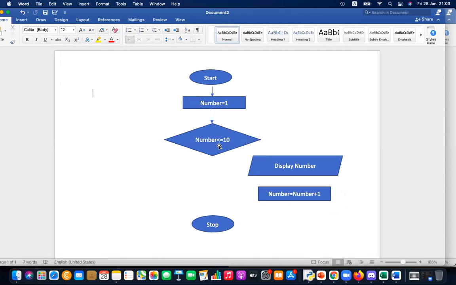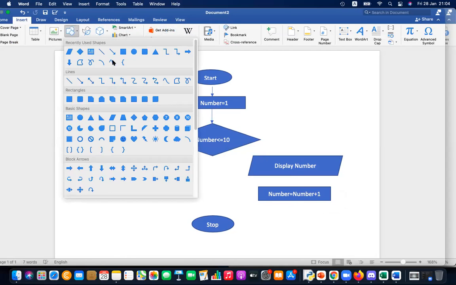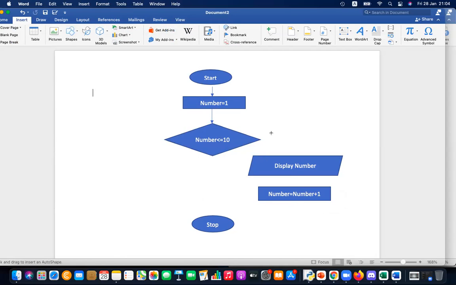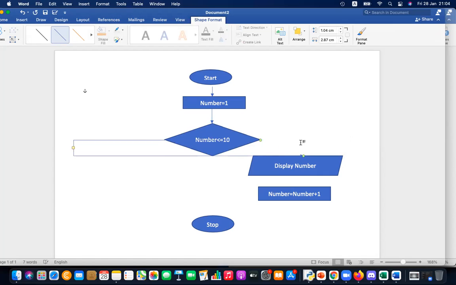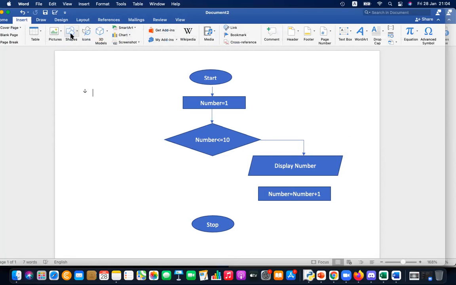If it is less than or equal, then you can go and print the number. After that you can increment the number. The next step is adding 1 to the number.